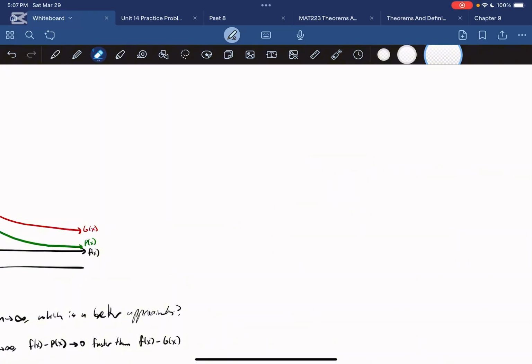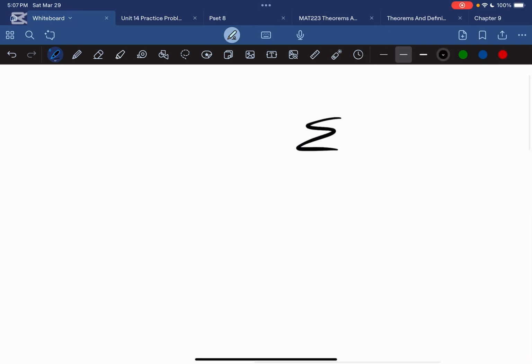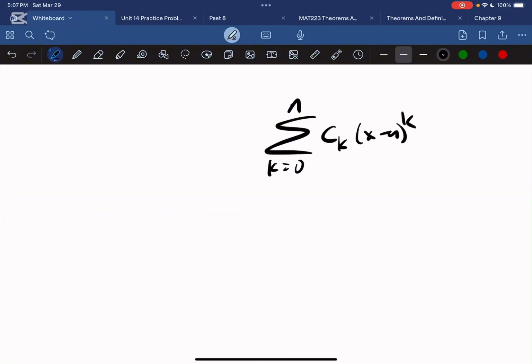They allow us to approximate complex functions using just polynomials, because Taylor polynomials are always in the form of some power series, like some c_k times (x minus a) to the k. It's in this form, something like this.